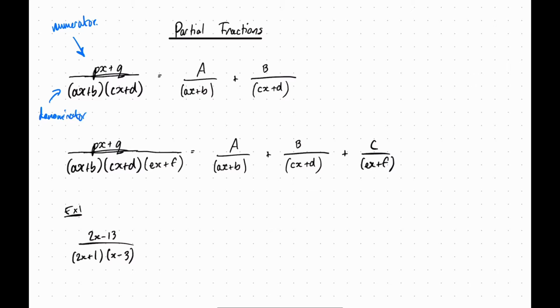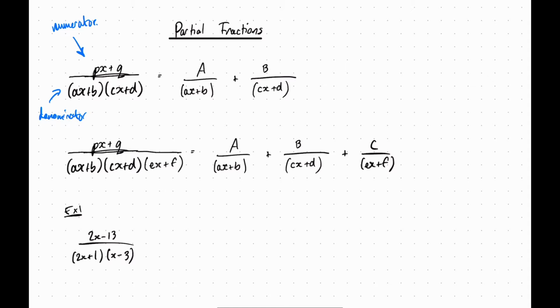If you look at that, the numerator is just a polynomial of power 1, and the denominator is a polynomial of power 2. So if the numerator is a smaller polynomial than the denominator, then we can write it as partial fractions.